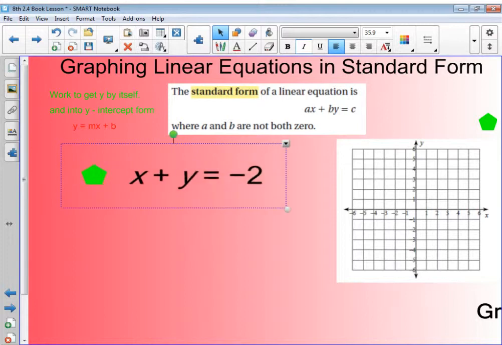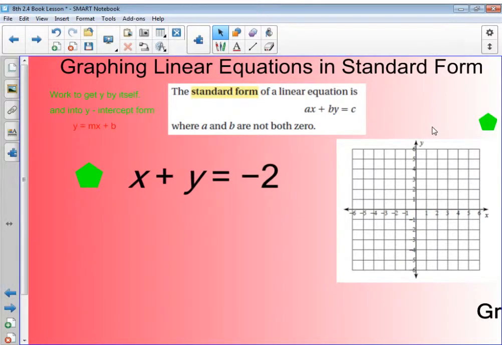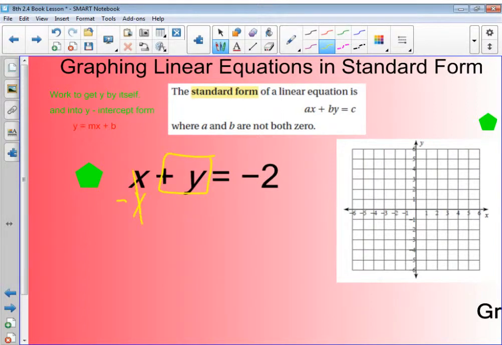Okay, so we'll start with one that's kind of easy here. Right now I have x plus y equals negative 2. So we want to get y by itself. I'm going to leave this one here. So we would do minus an x, minus an x. If we rewrite it, we've got y equals, and I want to shift my x up here.